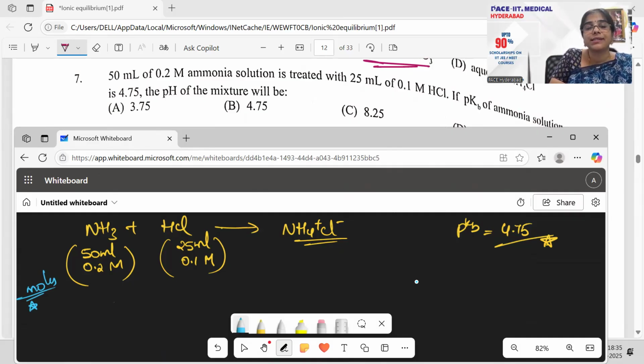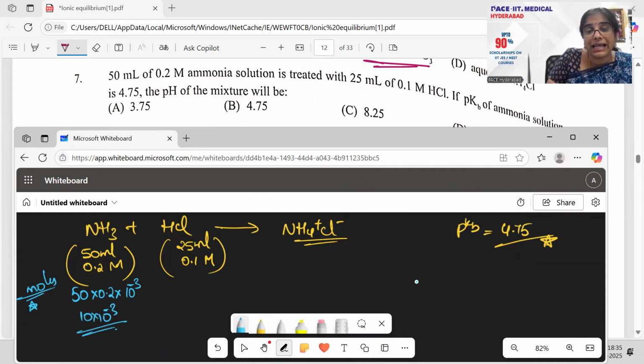So how many moles are there here? Moles is always CV. Remember that, right? Moles means concentration times volume, because molarity is moles by volume. So the moles of ammonia is 50 times 0.2, and the volume is given in ml, so put it in liters, into 10 to the power minus 3. 5 2s are 10, into 10 to the power minus 3 here.